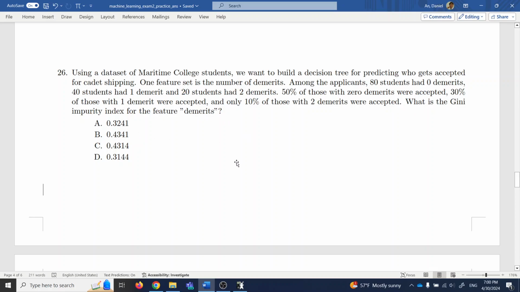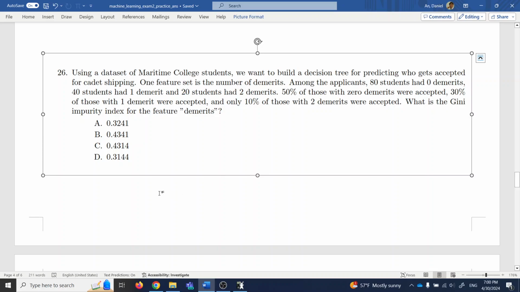So when you try to build a decision tree using the CART algorithm, you use the Gini index, and you calculate the Gini index for various features, and you start with the feature with the lowest Gini index, and that's how you build a decision tree. So let me explain how to get the Gini index here.